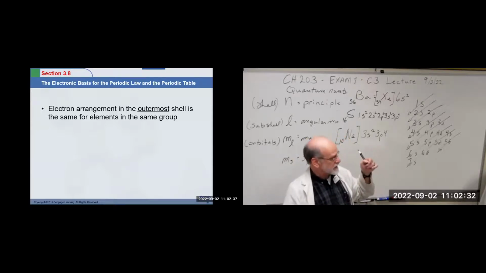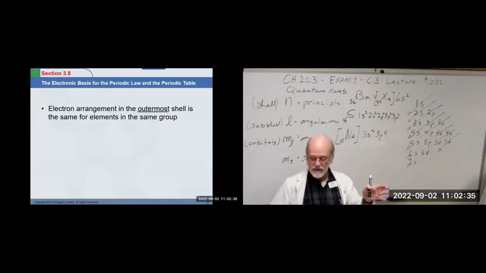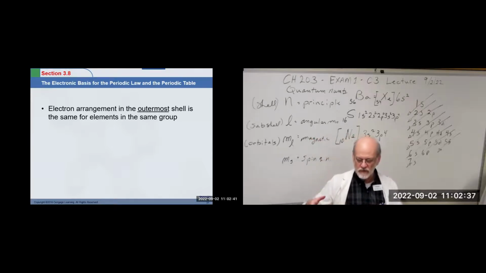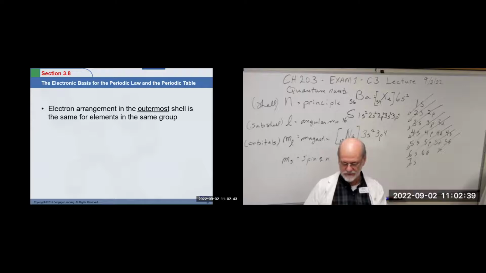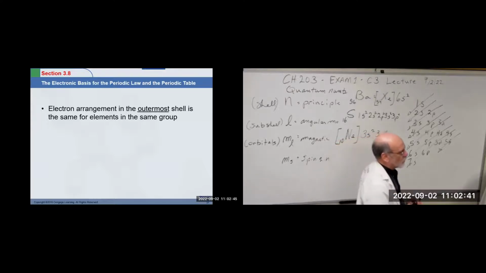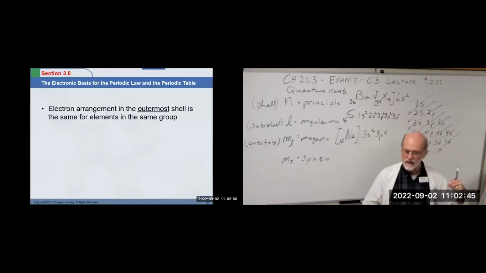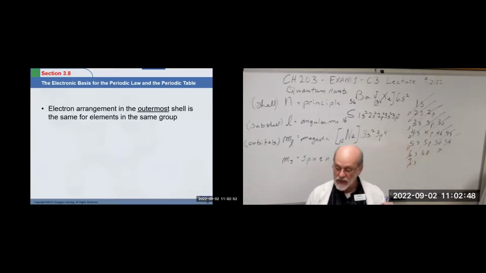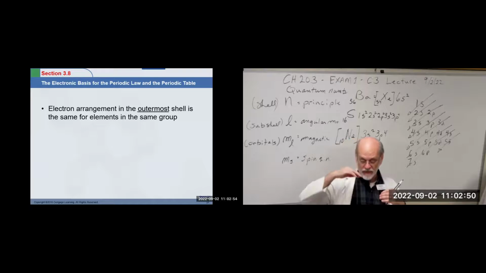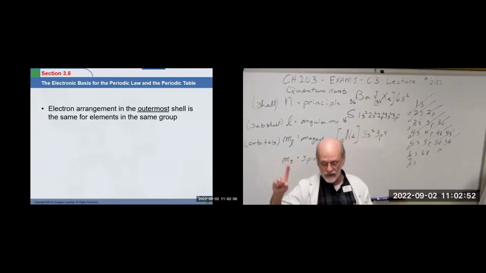What you'll also notice is that for each of the families, the outermost electronic configurations are similar. In other words, for say lithium, sodium, potassium, rubidium, cesium, all of those, there's an s orbital on the highest energy level that only has one electron in it.